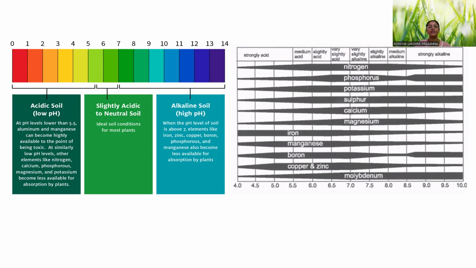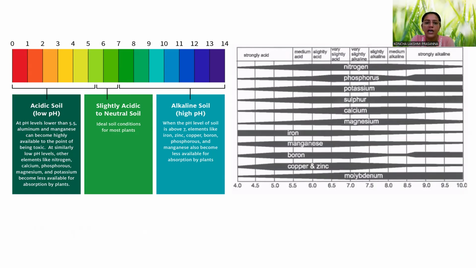In slightly acidic to neutral pH of 6.5 to 7.5, it is the ideal condition where most plants utilize nutrients in a better manner for growth. Nutrients like nitrogen, phosphorus, potassium, calcium, and magnesium are all available for plant growth at a pH of 6.5 to 7.5.